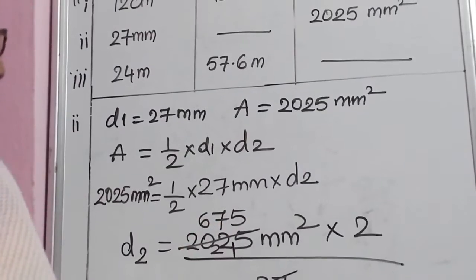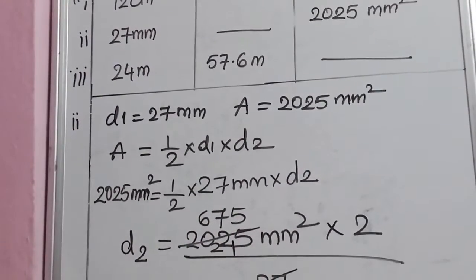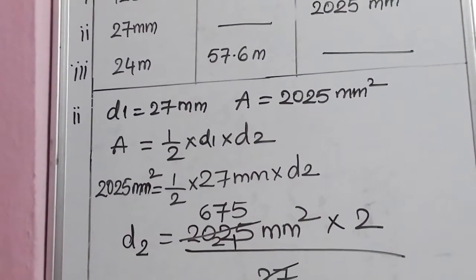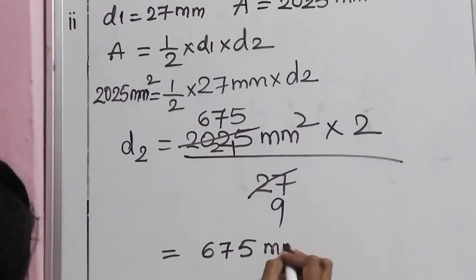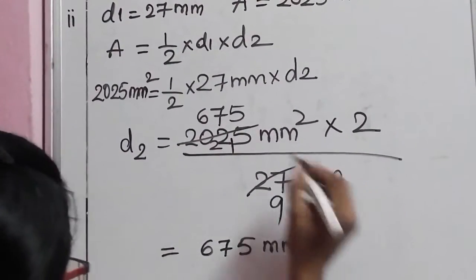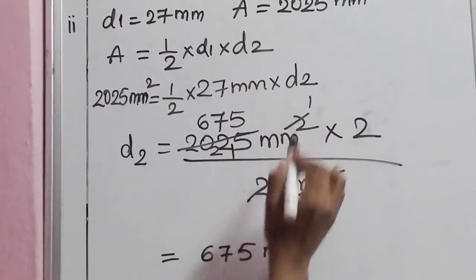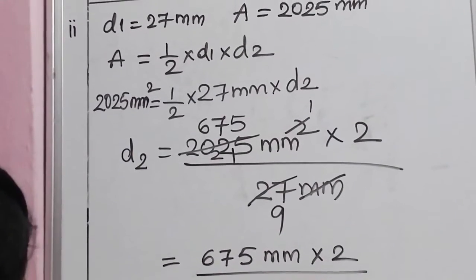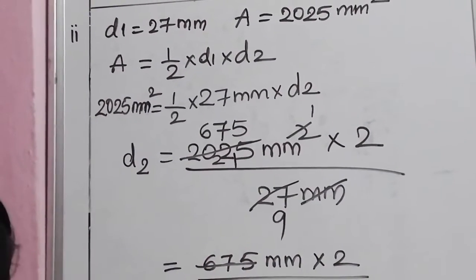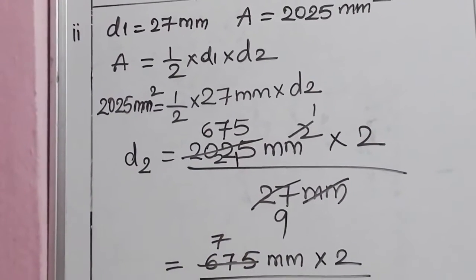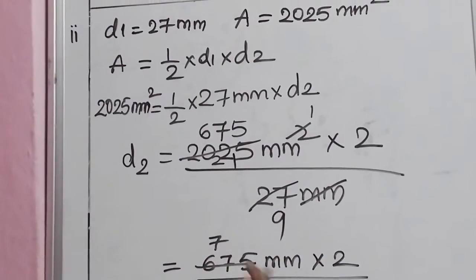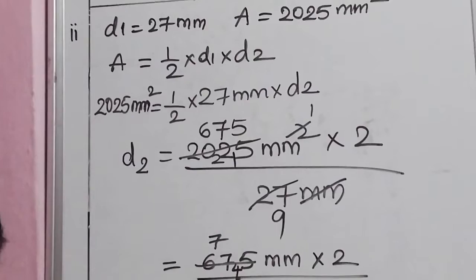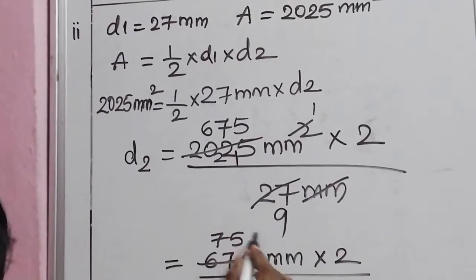Now cancel with the 9 table. So I will copy the same thing down so that it is easy for you to understand. 675 divided by 9, this is 27 mm. mm and mm get cancelled, so it is 1 mm left, 2 divided by 9. 9 ones are 9, 9 sevens are 63, 4 is the remainder, so 45. 9 fives are 45.